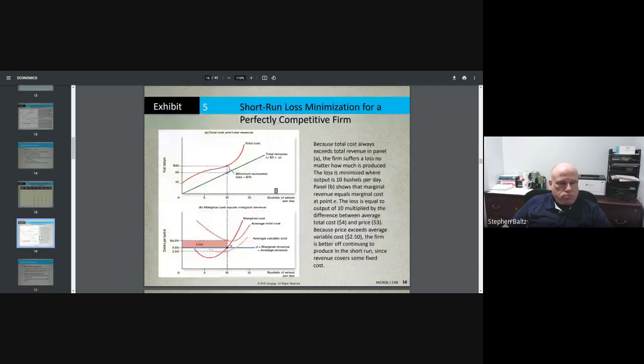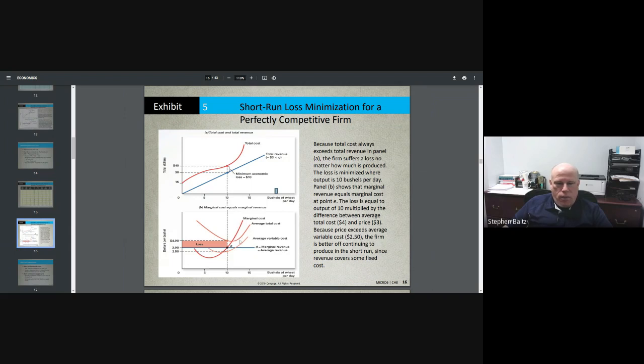All right. And this Exhibit 5 just shows this to you graphically. So in this case, our total revenue curve is completely below our total cost curve. But there is a minimum economic loss in the short run that you want to try to get to. You're going to produce at that point where your total cost is as close to your total revenue as possible, so that you're minimizing your loss.